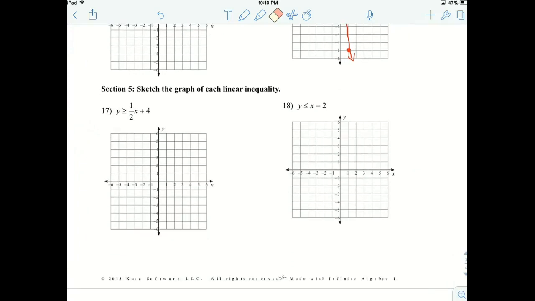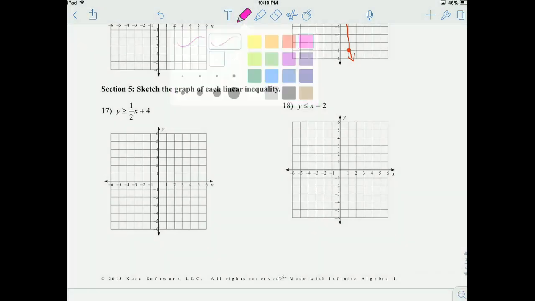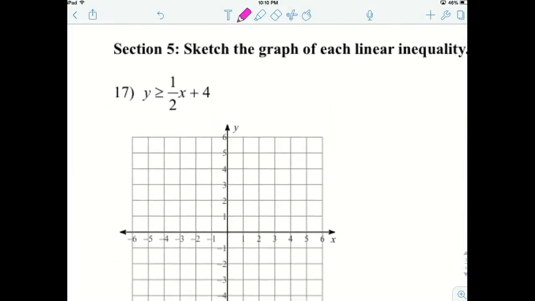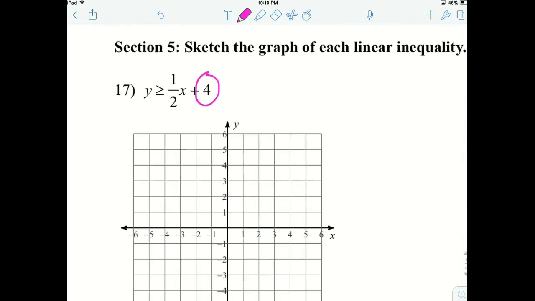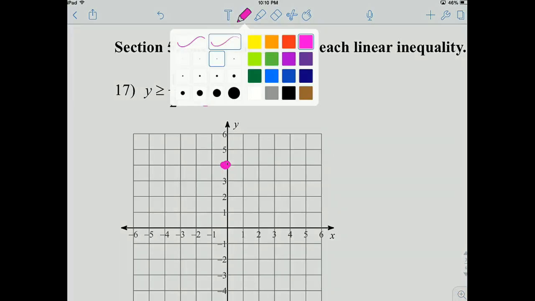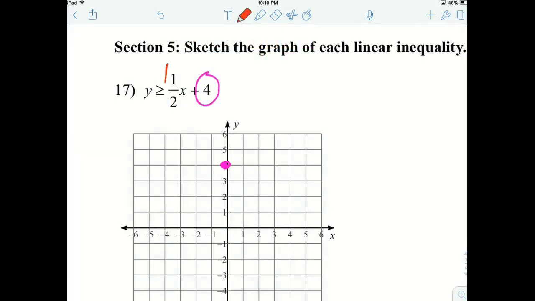Down in this lower section it says sketch the graph of the linear inequality. We are going to do it exactly as if it was a line to start out with, and then we will adjust to talk about the inequality part of it. So I have a y-intercept of positive 4. Immediately going to graph that at y equals 4. I have a slope of positive 1/2.